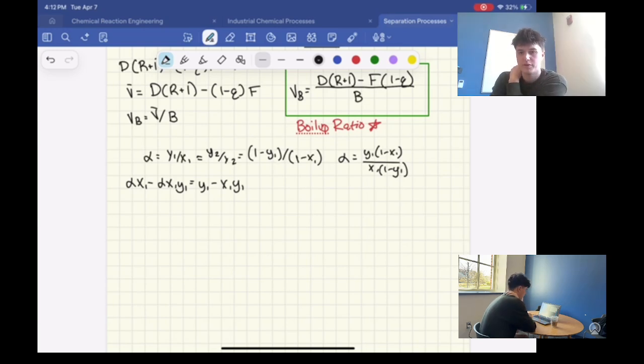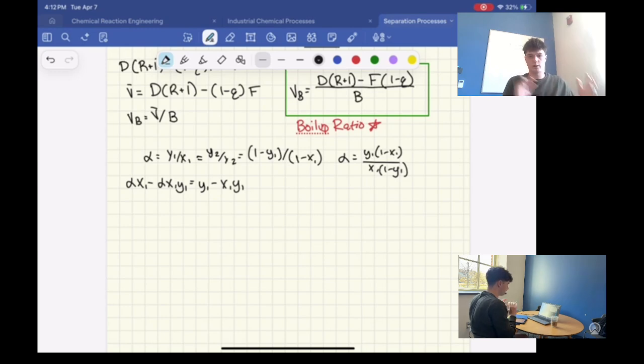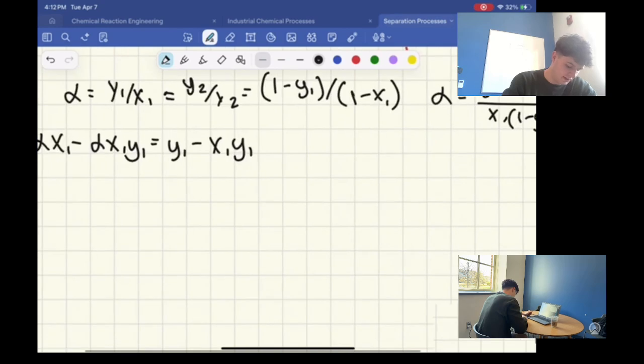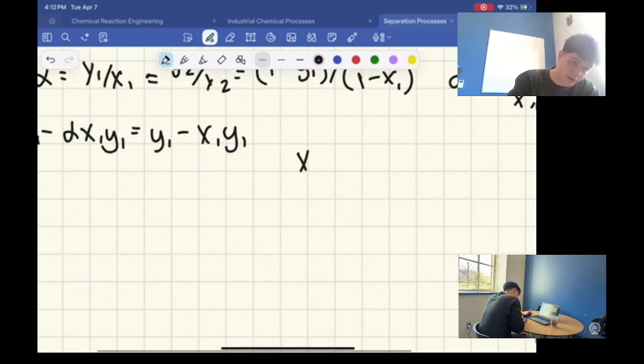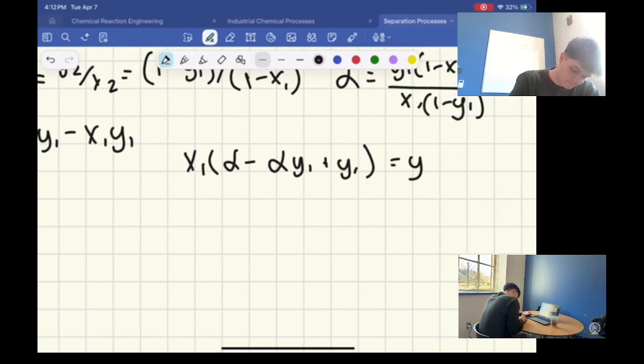So now that we have all of this alpha in our algebraic equations, we're going to want to separate x1 and y1 onto different sides. To get that, you will arrive at x1 multiplied by alpha minus alpha y1 plus y1 is equal to y1.